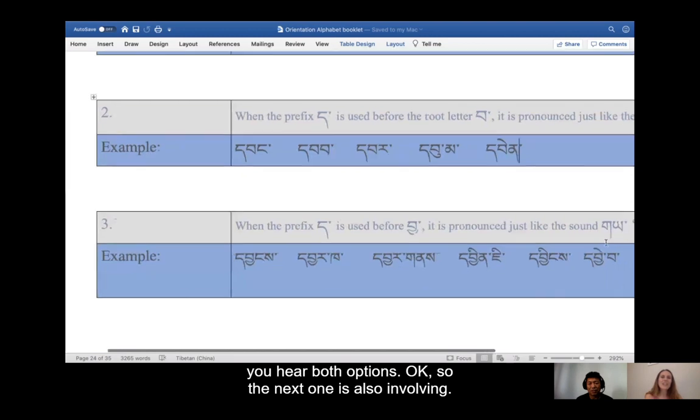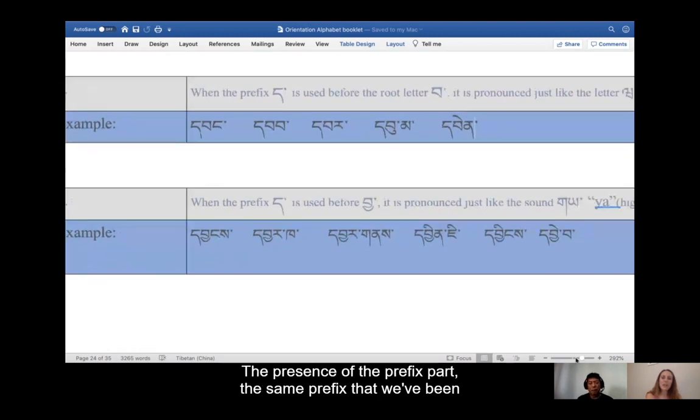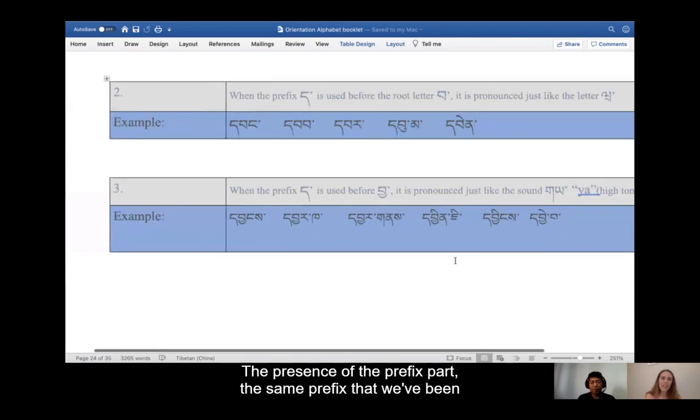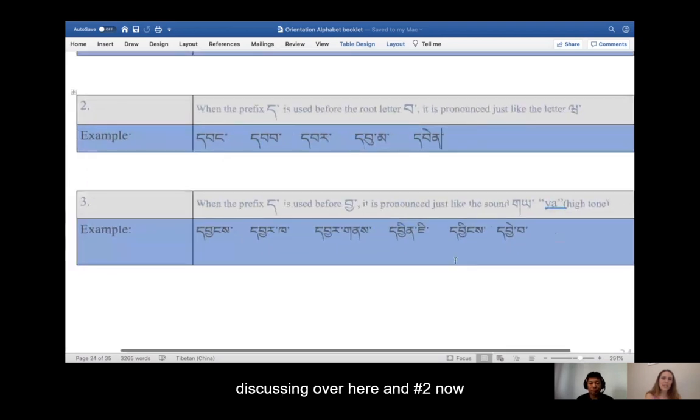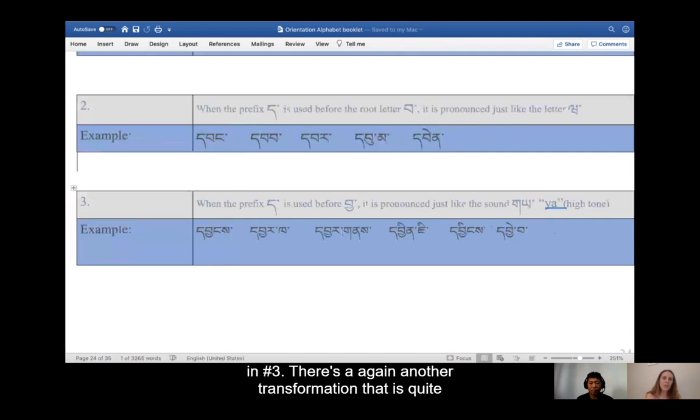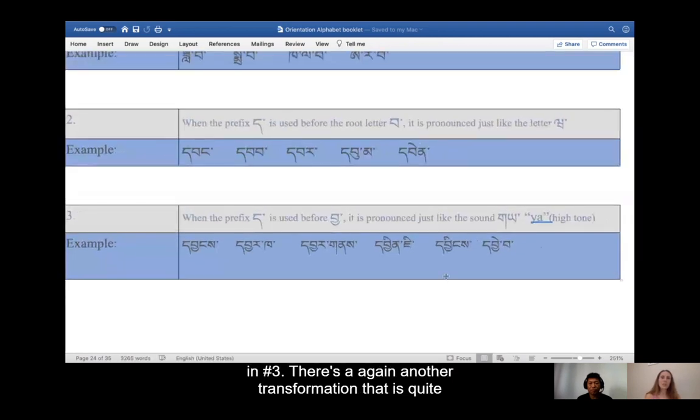Okay, so the next one also involves the prefix ta, the same prefix that we've been discussing in number 2. Now in number 3, there's another transformation that is quite important to keep in mind. When ta precedes the root letter wa, followed by yata, then ta, wa, yata is pronounced as ya, again with a high tone.